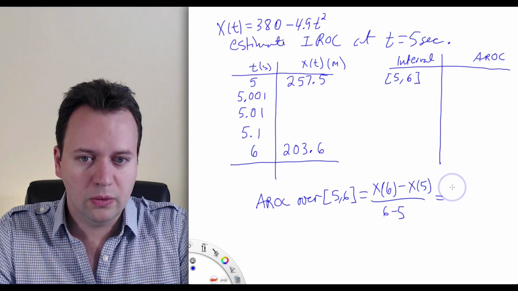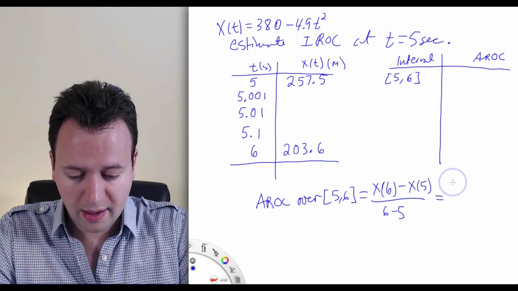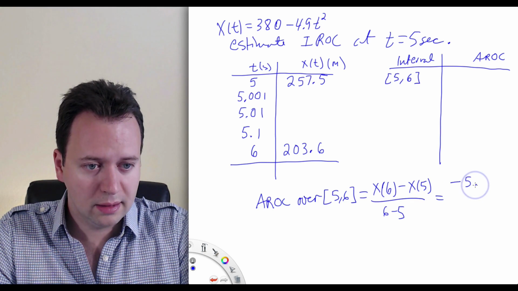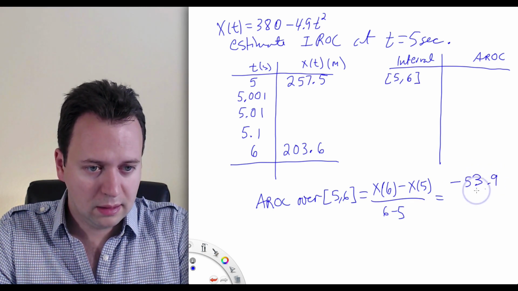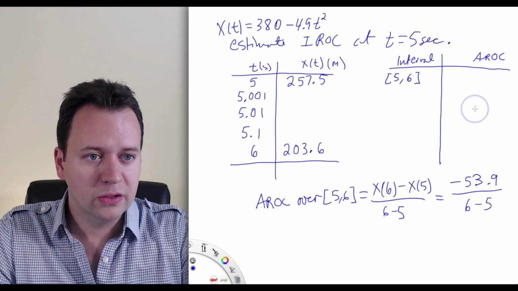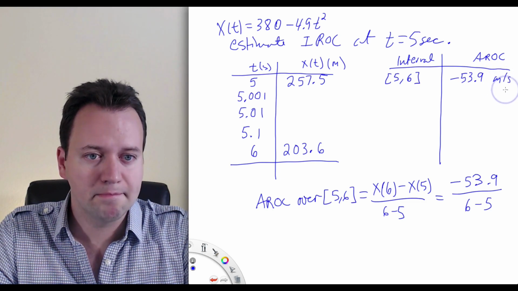So that's going to equal 203.6 minus 257.5, which gives me negative 53.9, divided by the change in time, which is 6 minus 5. So the average rate of change over this interval is minus 53.9 and it's in meters per second.